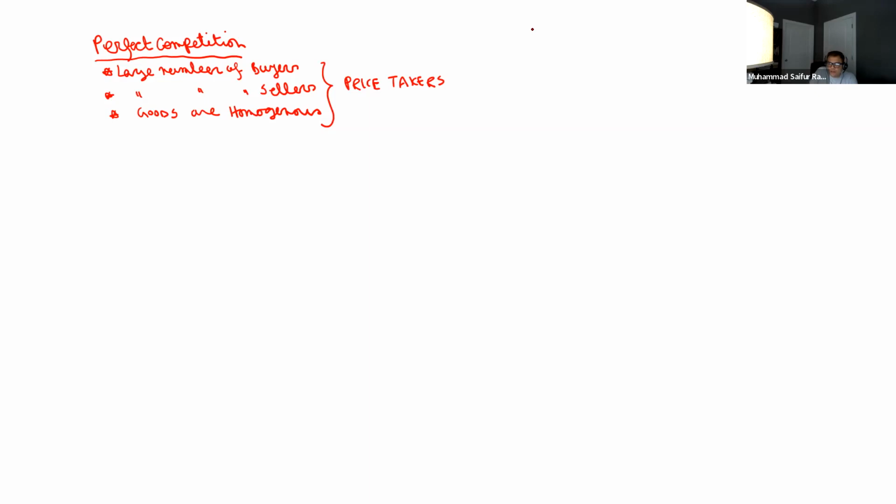One interesting outcome of these assumptions of perfect competition is that you can have a downward sloping demand curve and an upward sloping supply curve for the market. And the interaction between the demand and supply curve can determine the market equilibrium price.